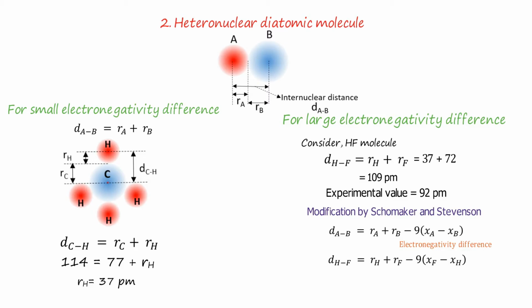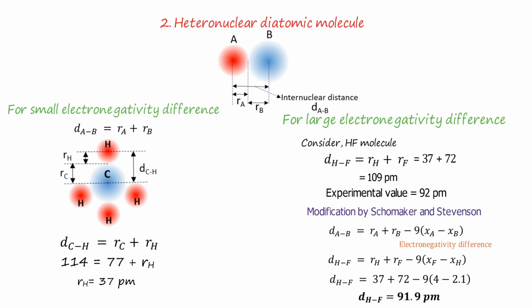It takes the form DHF is equal to the radius of hydrogen plus the radius of fluorine minus 9 multiplied by the difference of electronegativity of fluorine and hydrogen. By placing the values of the radius of hydrogen, the radius of fluorine, and the electronegativity of fluorine and hydrogen, we obtain the internuclear distance between hydrogen and fluorine equal to 91.9 picometer, which is almost the same as the experimental value.